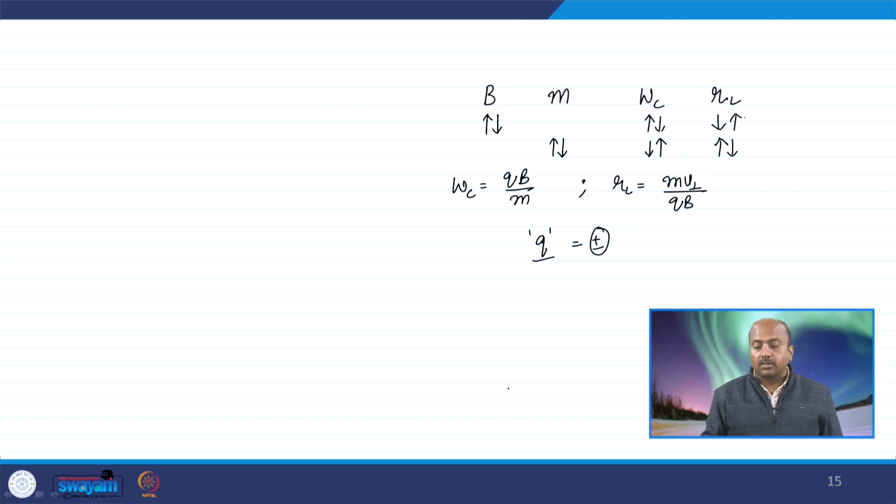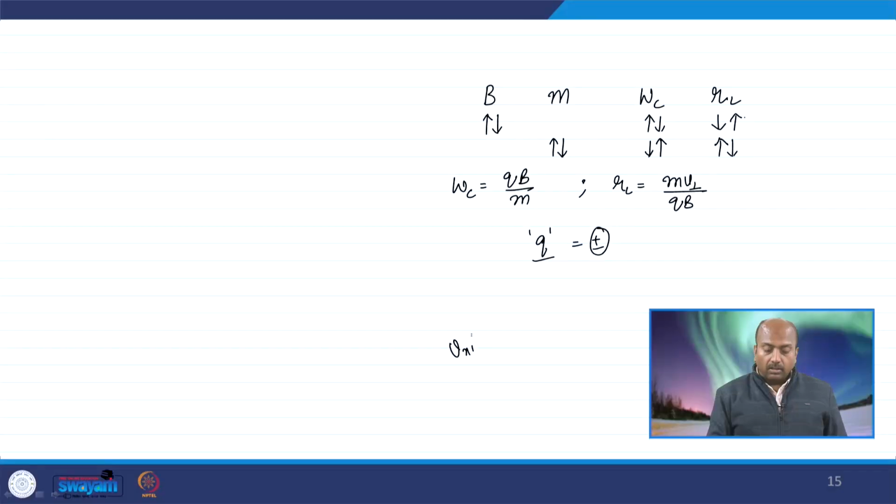This is the simple discussion in which we try to understand basic concepts. We didn't attempt to derive these elaborately. We are just trying to understand the basic concepts. If the particle is moving in a magnetic field, how do we see the particle's trajectory as a function of time?